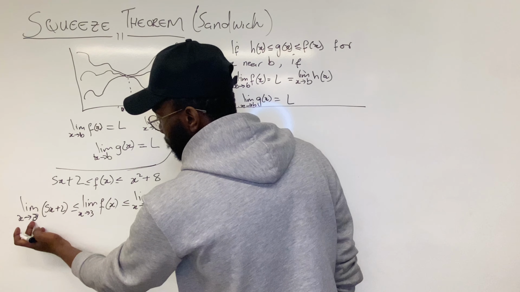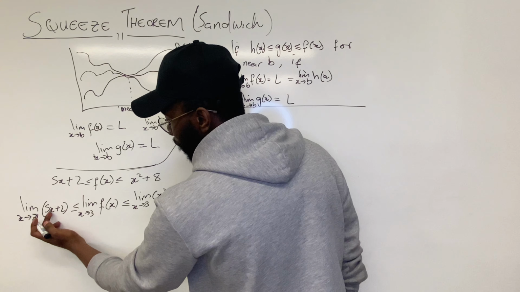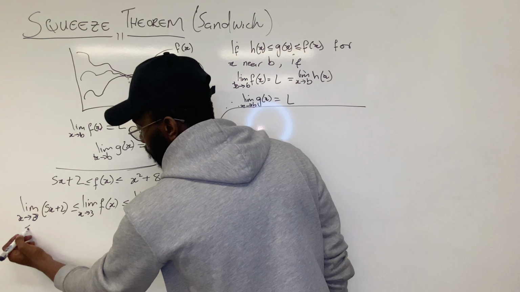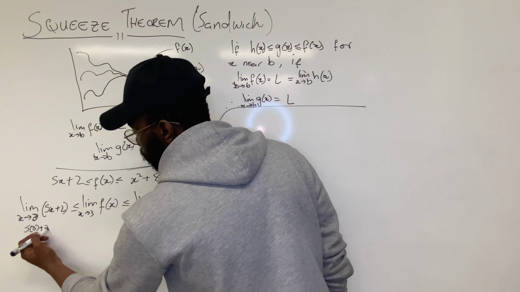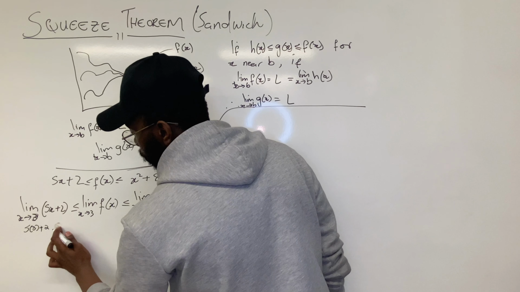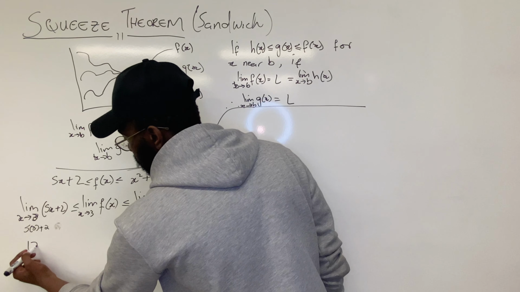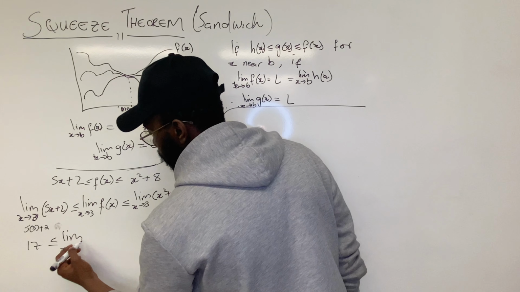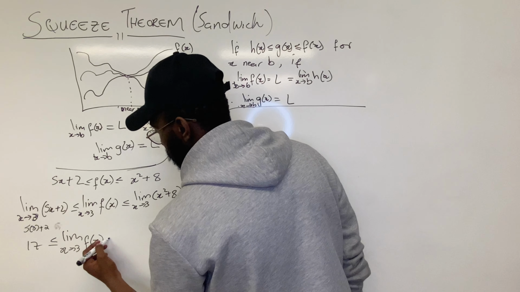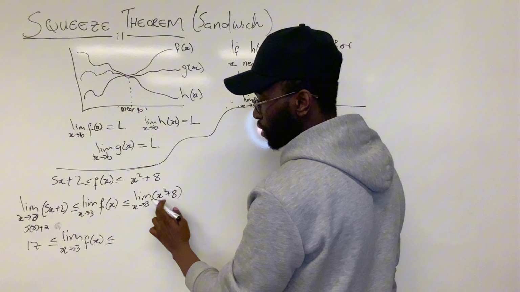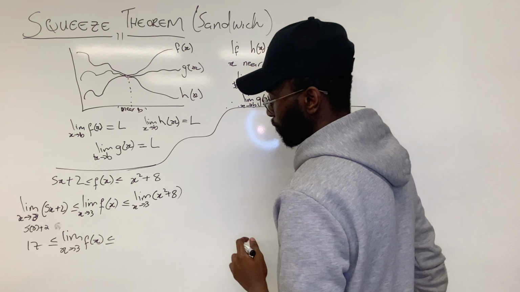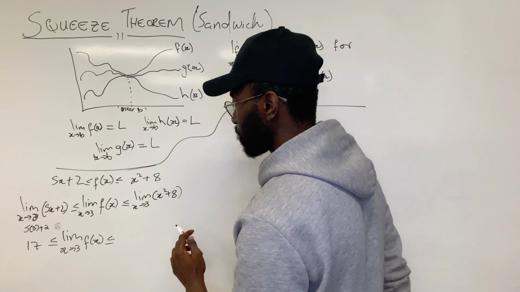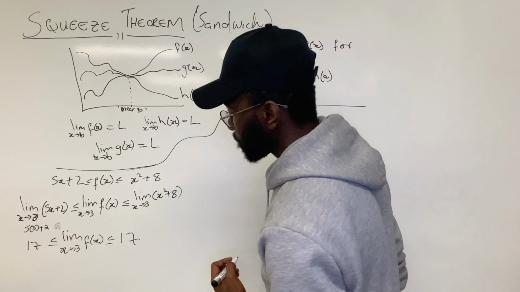Now, the limit as x approaches 3 will basically substitute this 3 into this x, which will be 5 times 3 plus 2, which gives us 15 plus 2, 17. We're still looking for the limit of f at x as x approaches 3. And we also substitute 3 in here. Now, 3 squared will be 9, and 9 plus 8 will be 17.